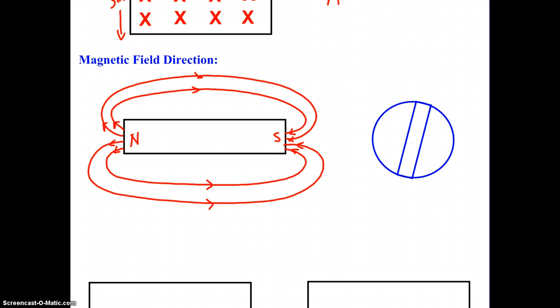But if we were to, of course, follow through here and connect our lines, because magnetism doesn't just stop, then our magnetic field inside the magnet would be going away from the south towards the north.